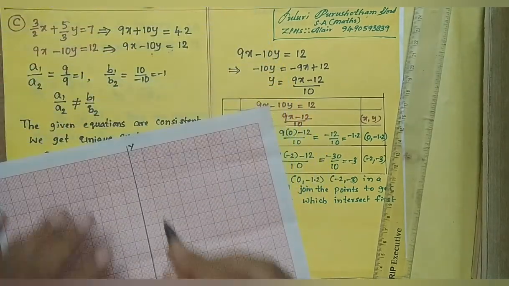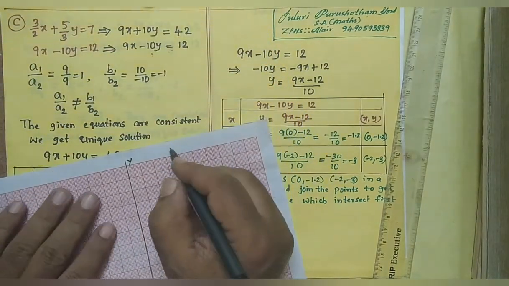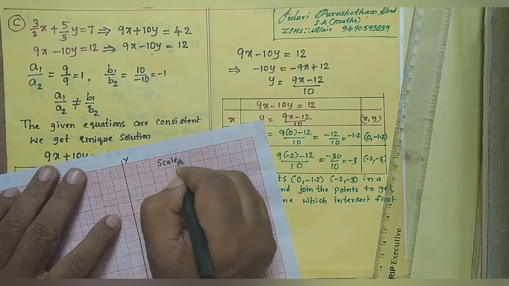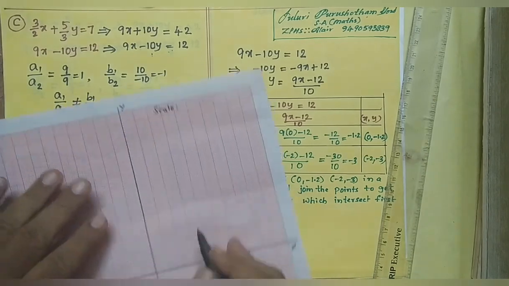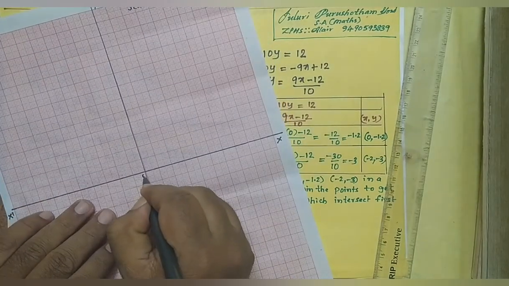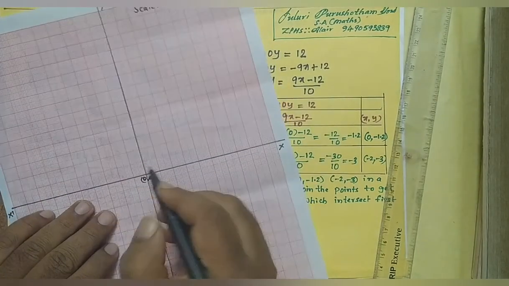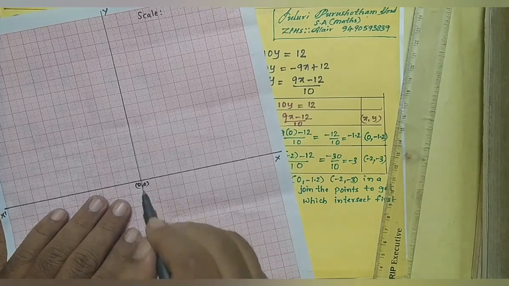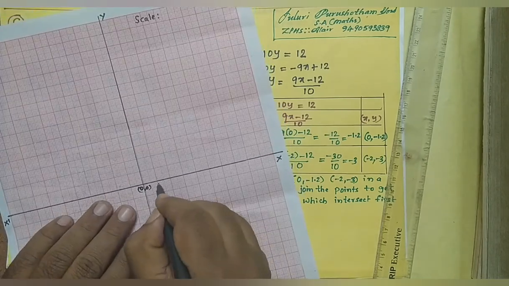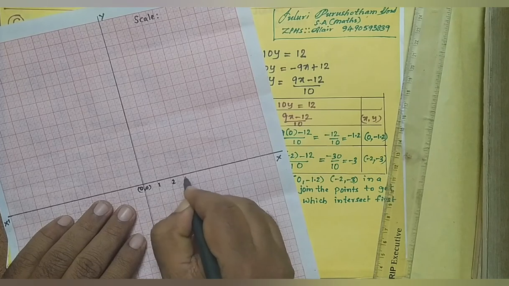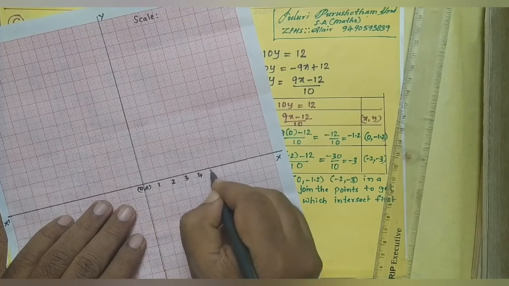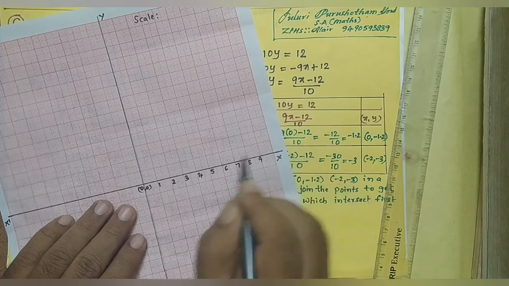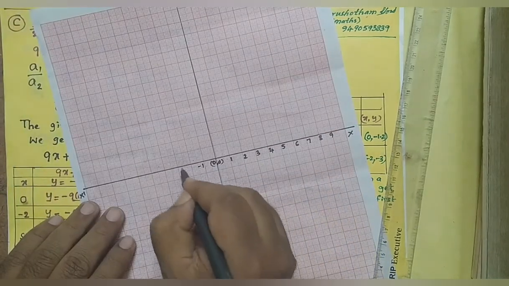Right. And on the bottom right side, you have to write the scale. When two lines are intersecting at one point, that point we take as 0, 0, and this is 1, 2, 3, 4, 5, 6, 7, 8, 9. This is the positive direction. This is the negative x-axis.